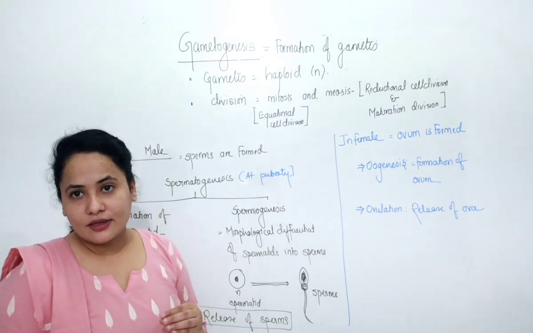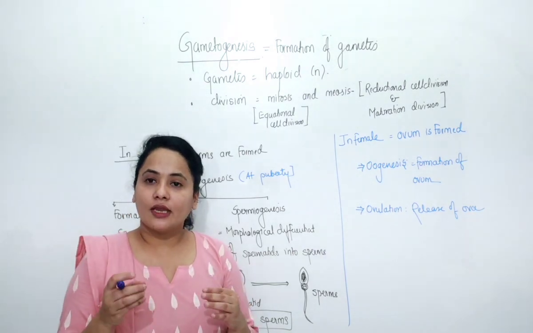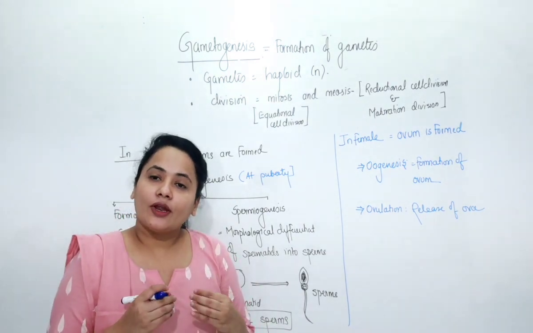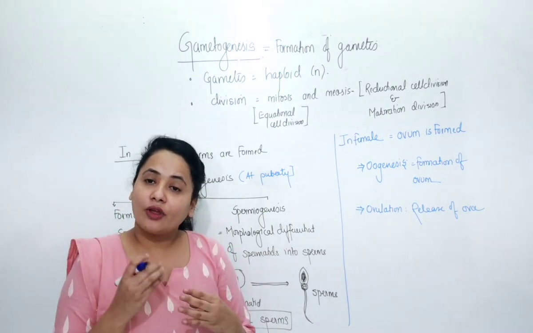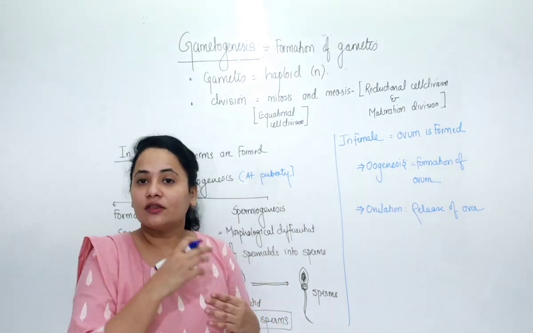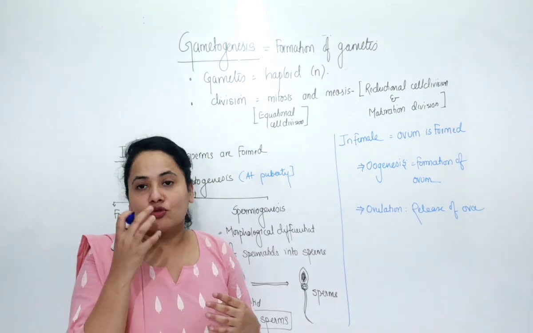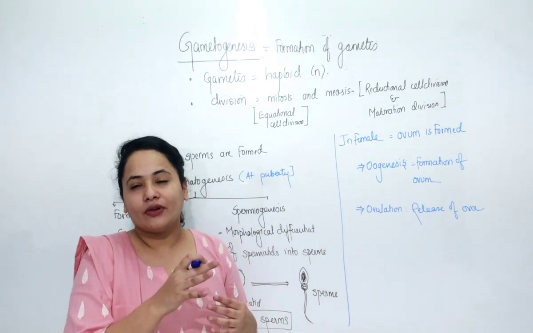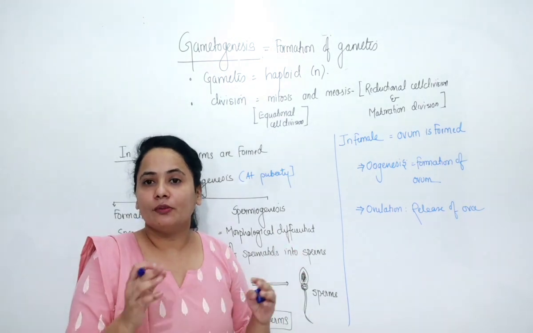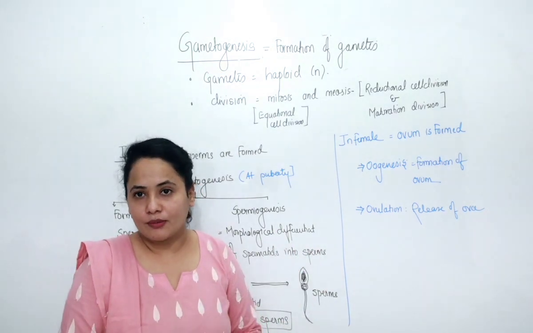What I am telling is, suppose taking an example of any one female, let's say me. So when did it start in me? When I was inside my mother's uterus and I was at the embryonic stage. So at that time only, the number of ova was decided, that this many ova will be produced by this particular female.